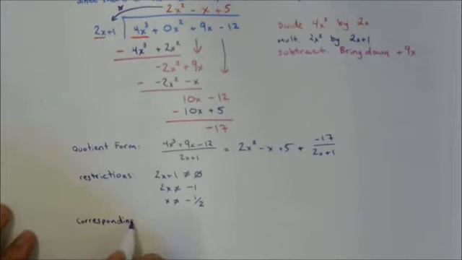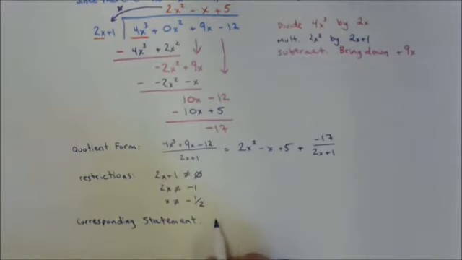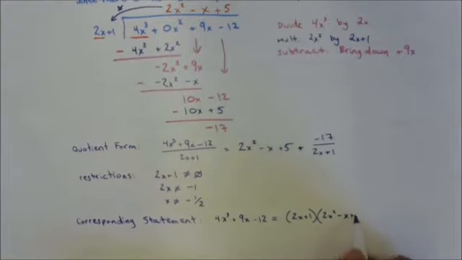Corresponding statement. The corresponding statement is we take our original polynomial, 4x cubed plus 9x minus 12, and it is equal to 2x plus 1 times 2x squared minus x plus 5 minus 17.